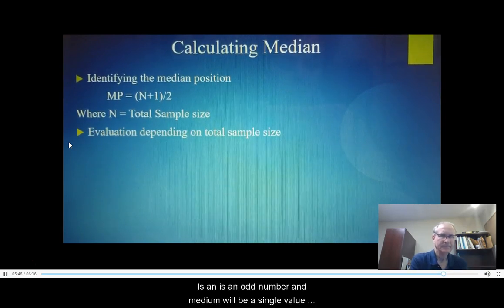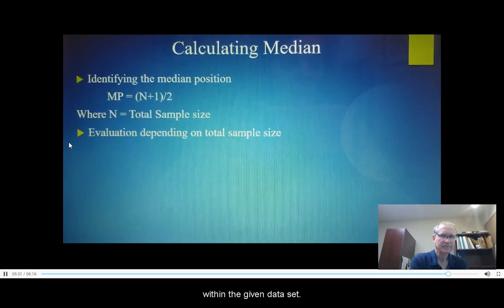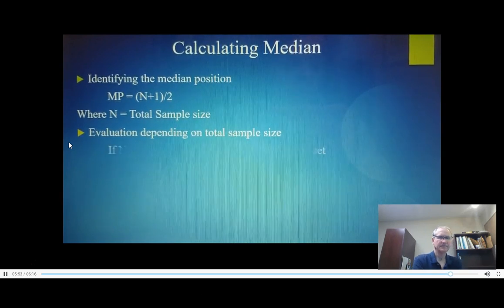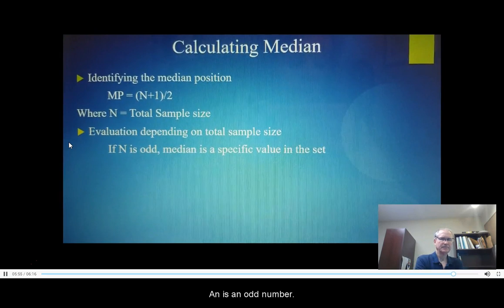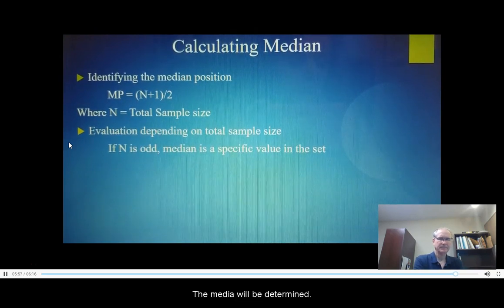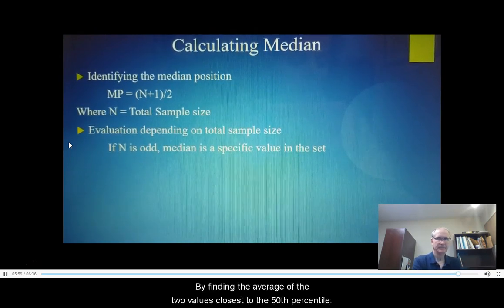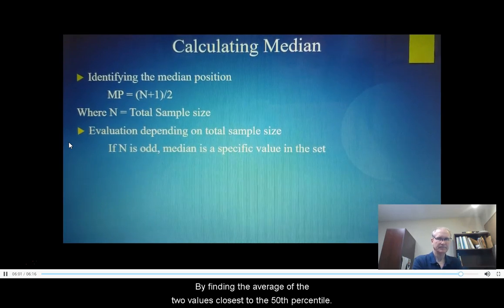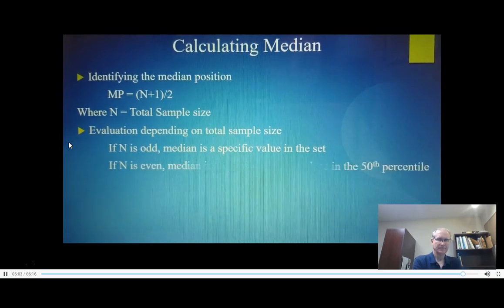If n is an odd number, the median will be a single value within the given data set. If n is an even number, the median will be determined by finding the average of the 2 values closest to the 50th percentile.